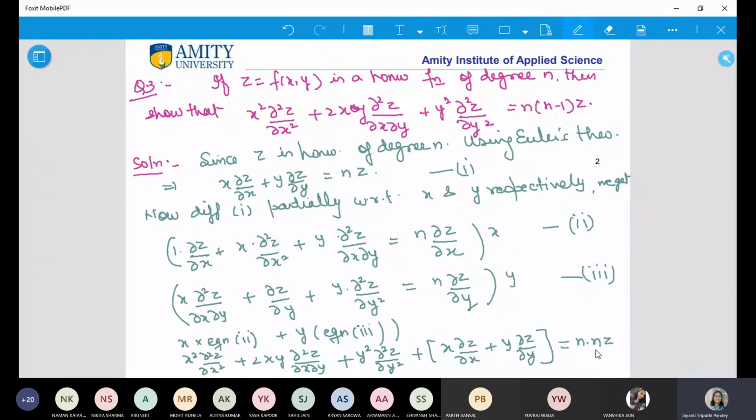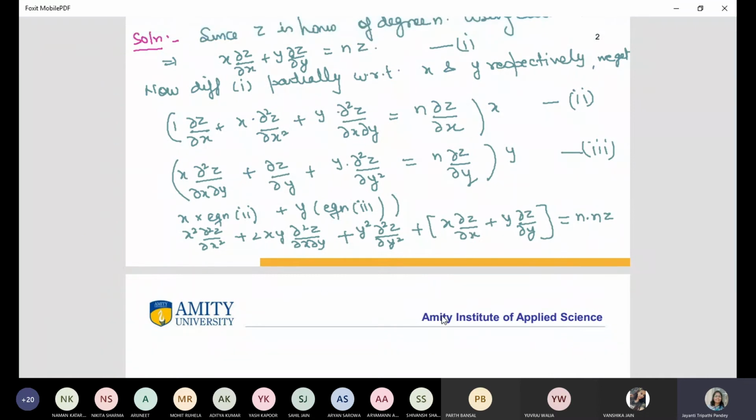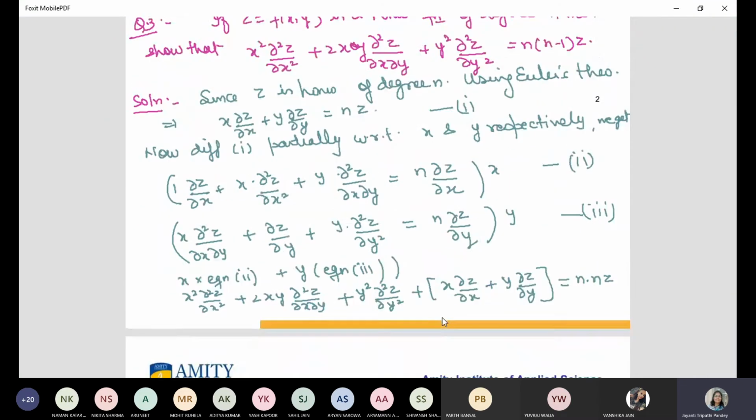I hope you have comprehended this nicely. Is it okay or not? The right hand side is understood? Class respond please. Ma'am, please explain the right hand side once. Just multiply it by x and multiply this by y and add. So what will you get?